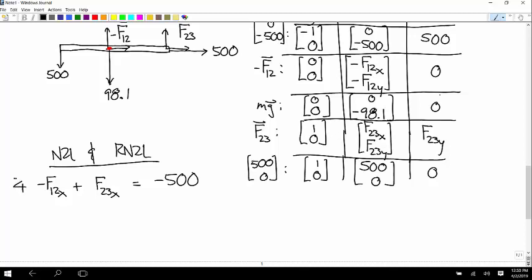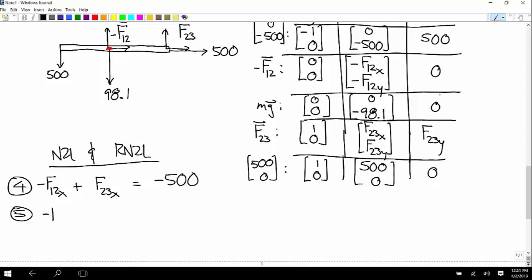That's equation 4. And then the y components, we'll get that 500 at the end.